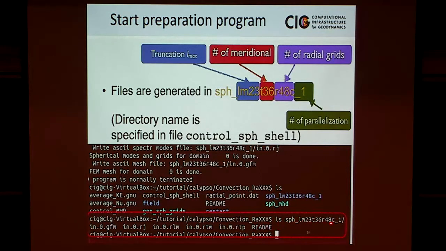So we can check that we got the right data by checking this directory using ls sph lm 23t36 r48c1. If it's too long, use the tab key, so probably you can fill in the directory name.